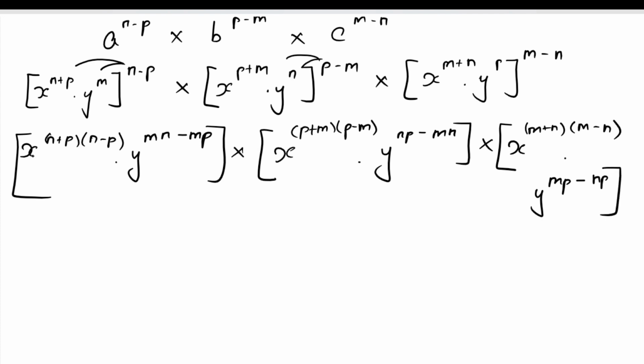So now the x powers, if you see, it's in the form a plus b into a minus b, which is equal to a square minus b square.